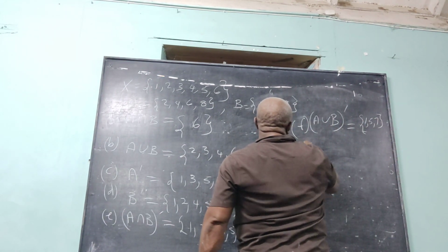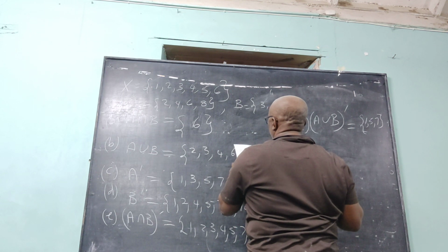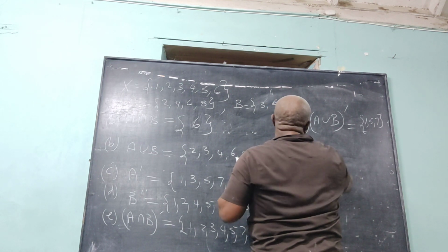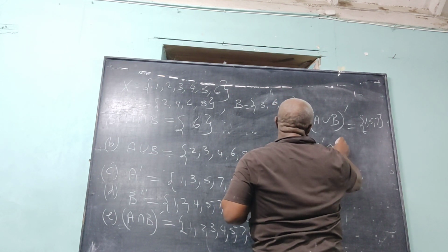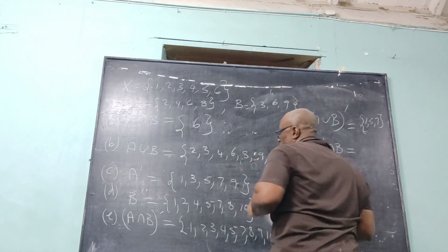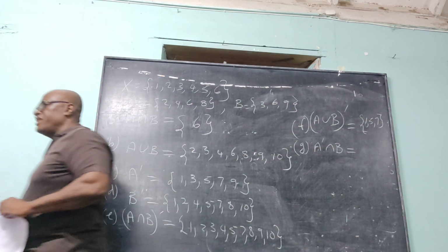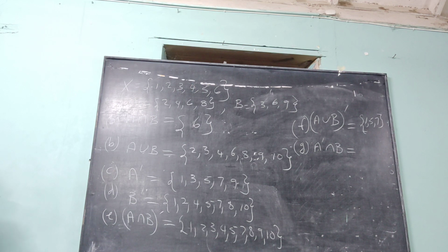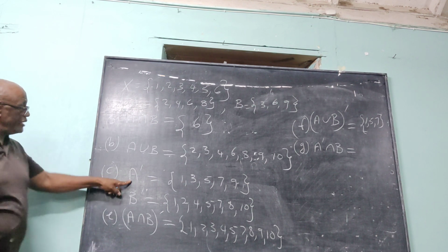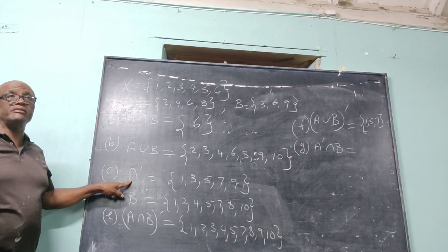E, F, G. G asks for A complement intersect with B. Now we're getting complicated. There is an intersection between A complement and B. So you're going to look at A complement, which is this. This is A complement, right?